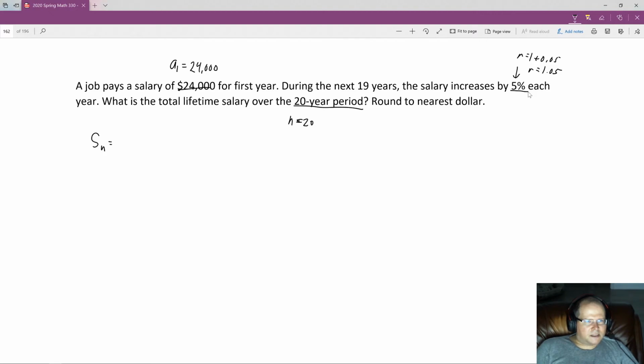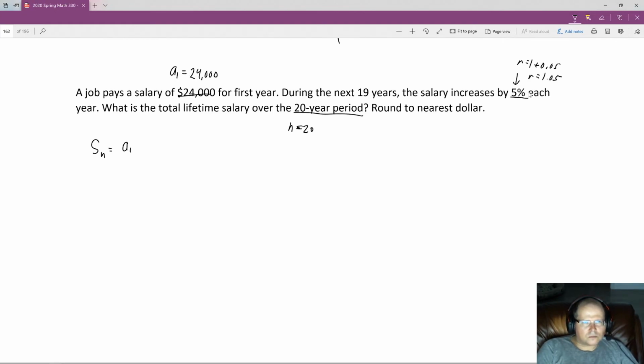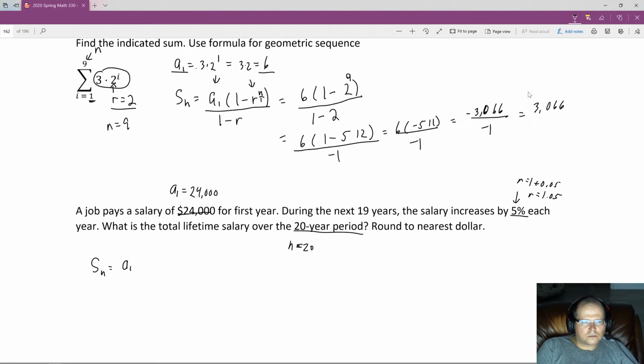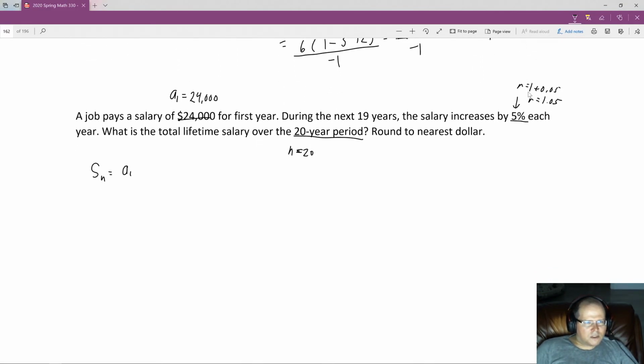The sum is the first term multiplied by 1 minus the ratio r to the n power, all over 1 minus r.